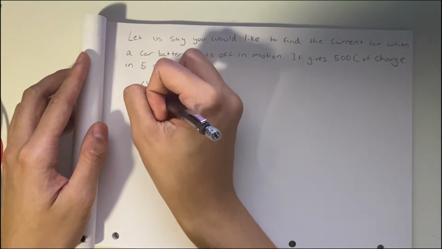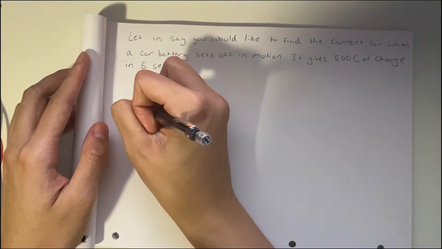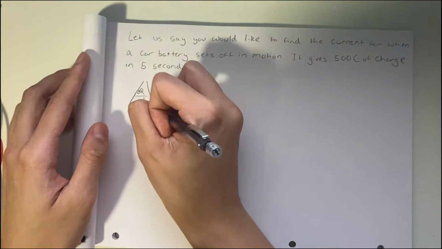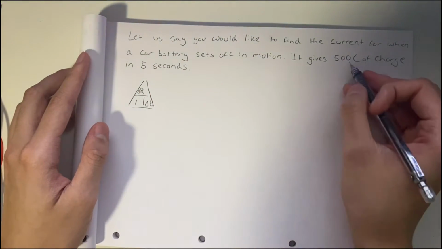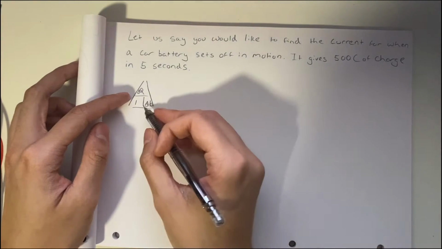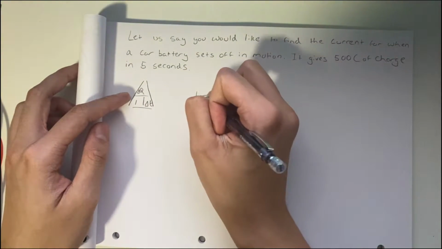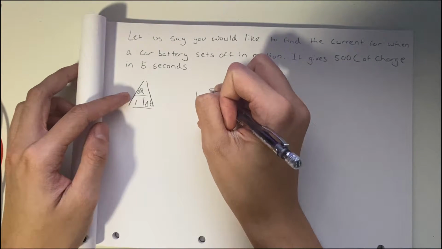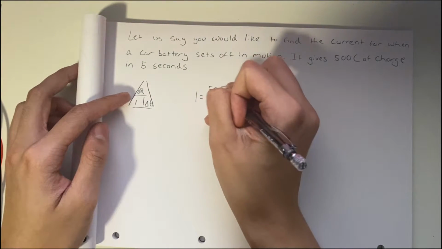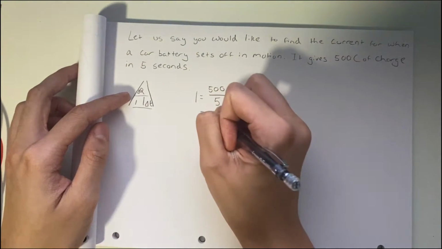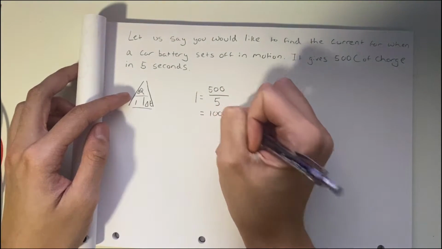Let's do our triangle. Delta Q, delta T. We have our charge, delta Q, and our time, 5 seconds. Just substitute this into our equation. We get, quick mental arithmetic, 100 amps.